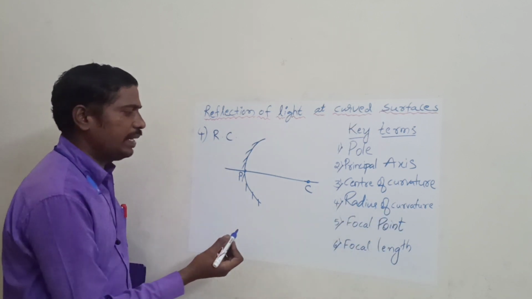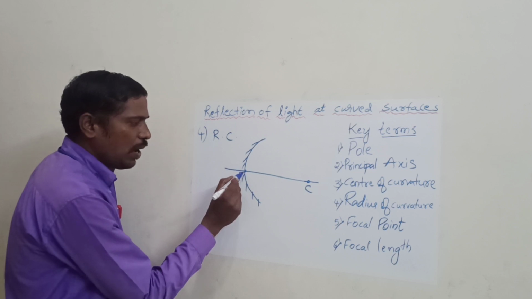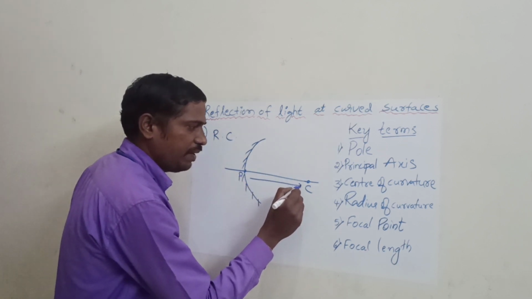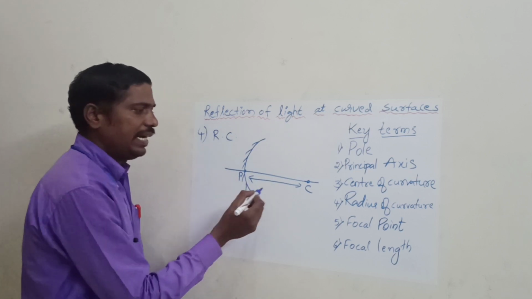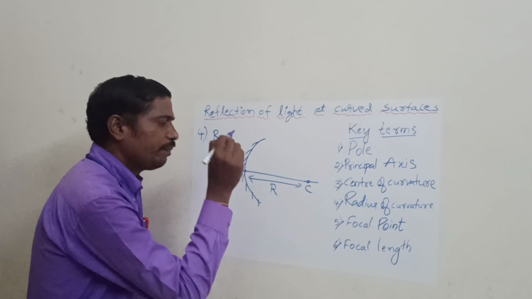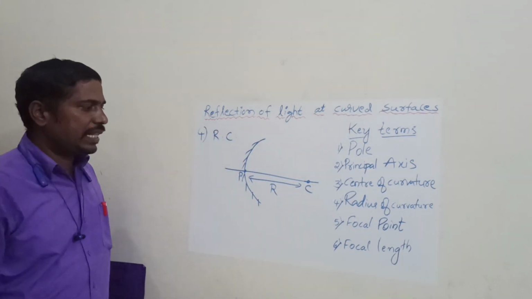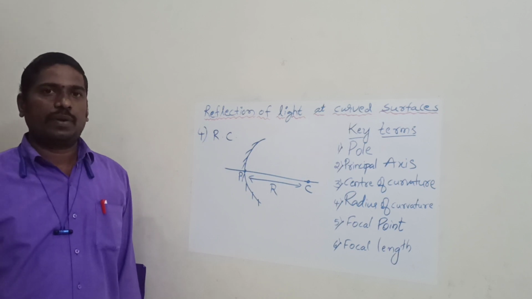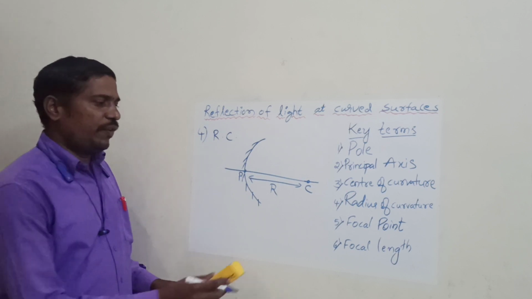Radius of curvature means the distance between the pole and center of curvature. This radius of curvature is denoted by capital R.